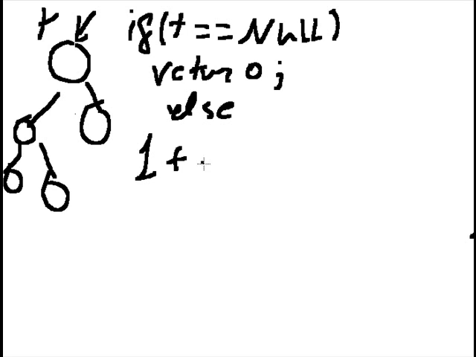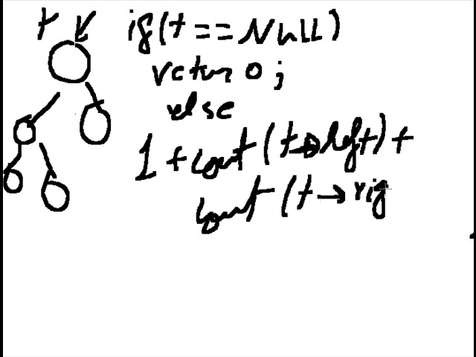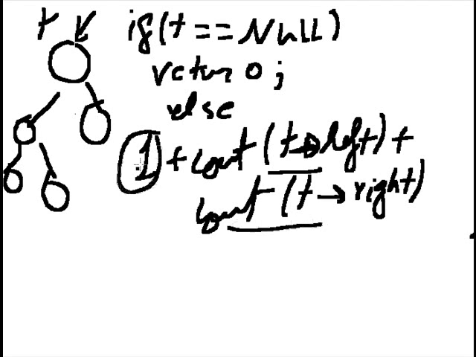Suppose the name of the function is count: count t slash left plus count t slash right. Okay, so each time I go left and each time I go right, I add 1. This is the whole idea.